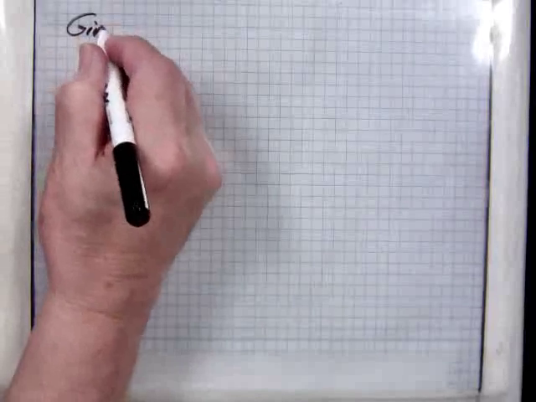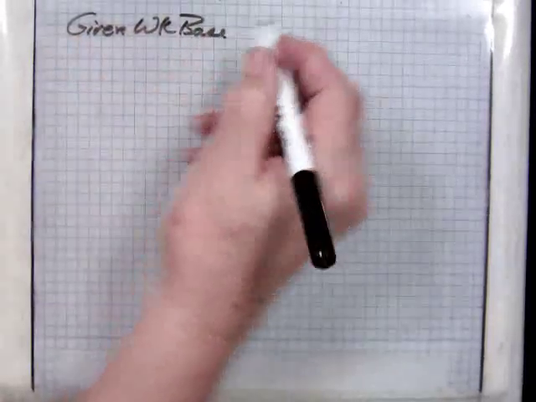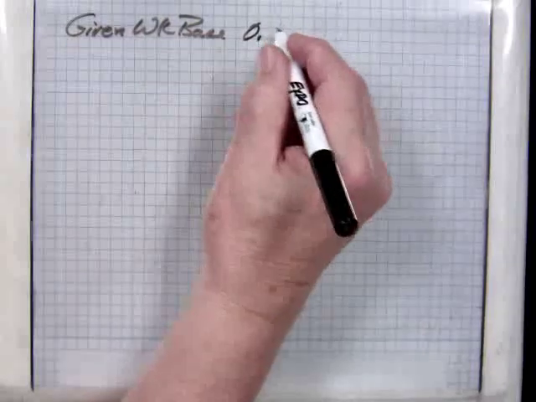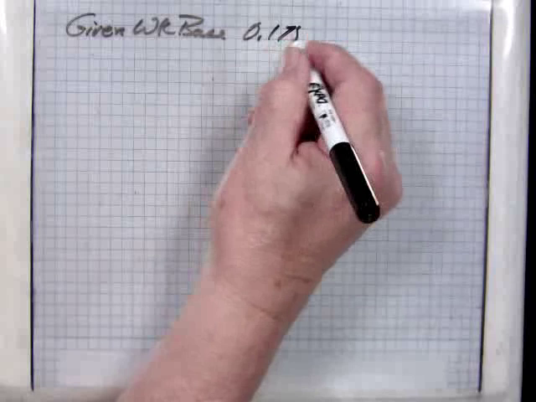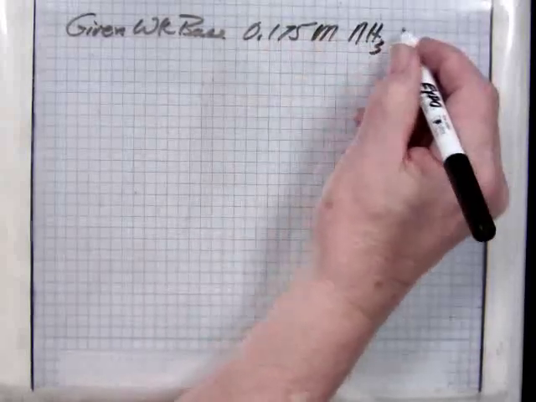Given a weak base, ammonia, we have 0.175 molar ammonia aqueous.